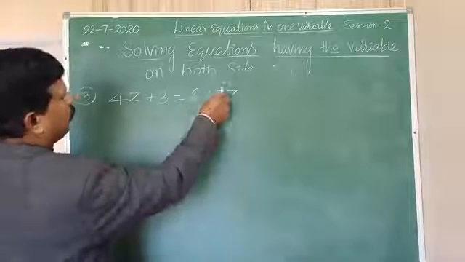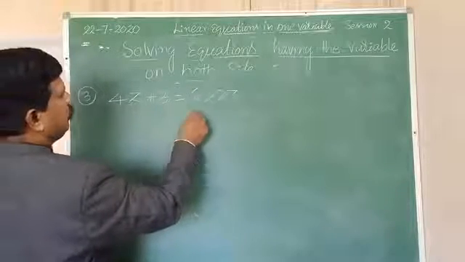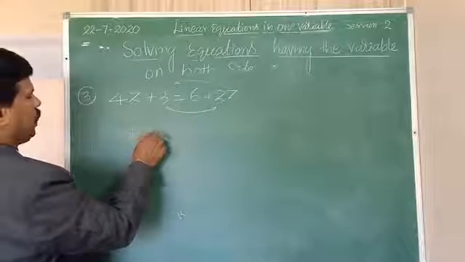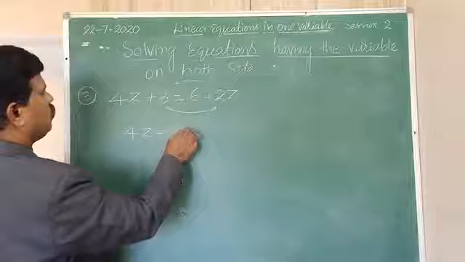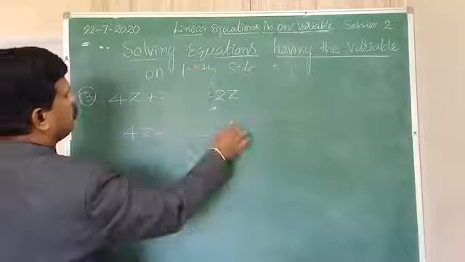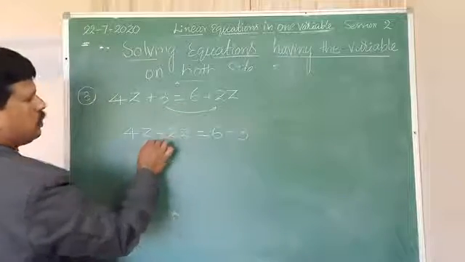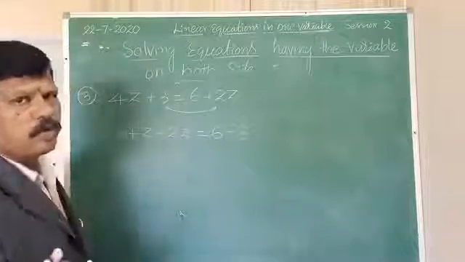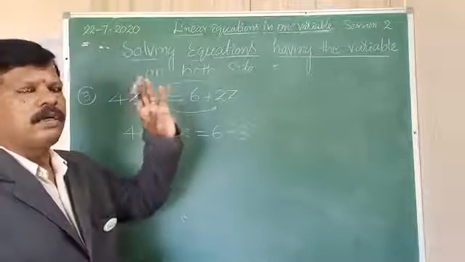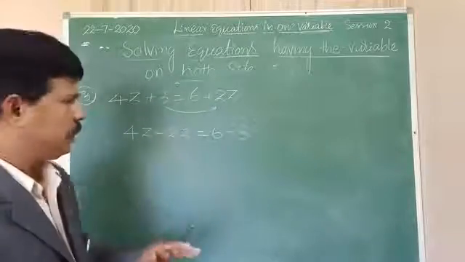Now what you can do is shift this z to one side, 3 to this side. So it becomes 4z minus 2z equals 6, and 3 comes to this side as minus 3. Here plus 2z becomes minus 2z. So this is very, very important. Keep it in your mind. When you are shifting the whole term from one side to the other side, its sign changes.